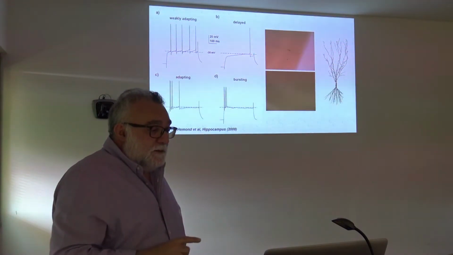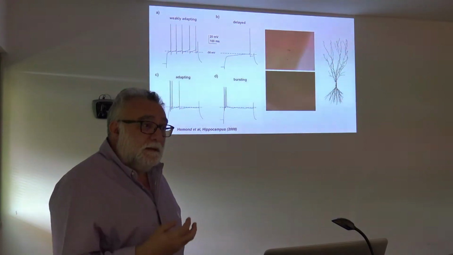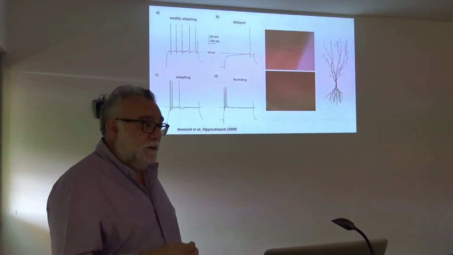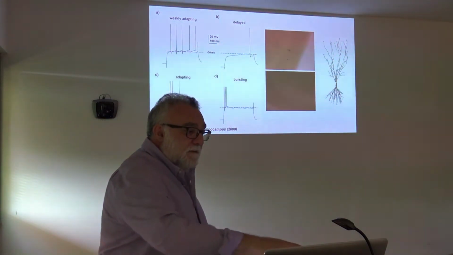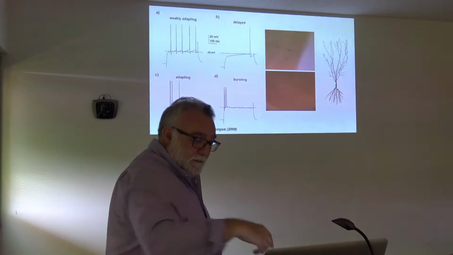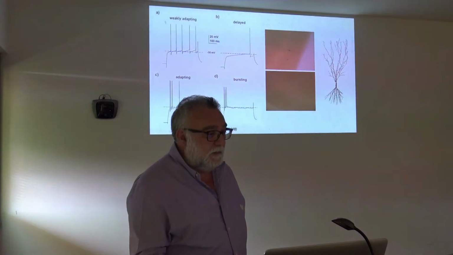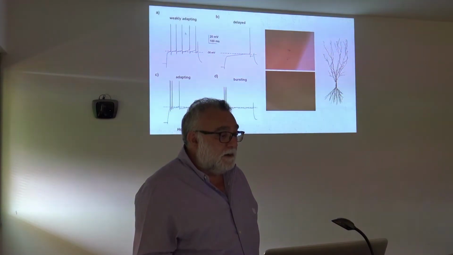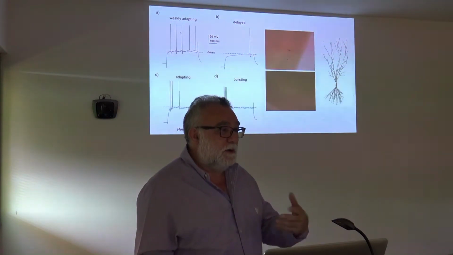But they also find some qualitative changes in the firing behavior of the neurons. So for example, in this case they found a few neurons firing weakly adapting, which means that the difference in time between successive spikes increases with time. Every time you have a spike, the difference in time with the previous one is a little bit more. This is adaptation. It's called adaptation.